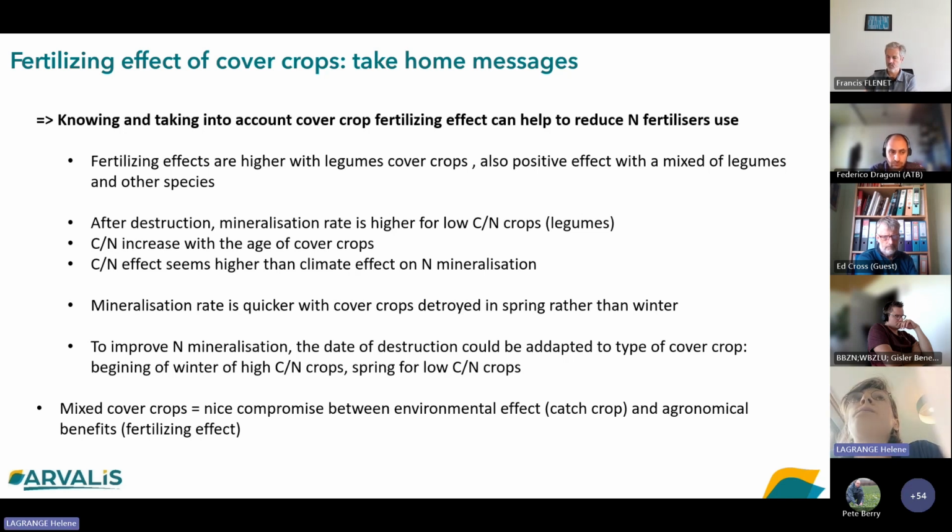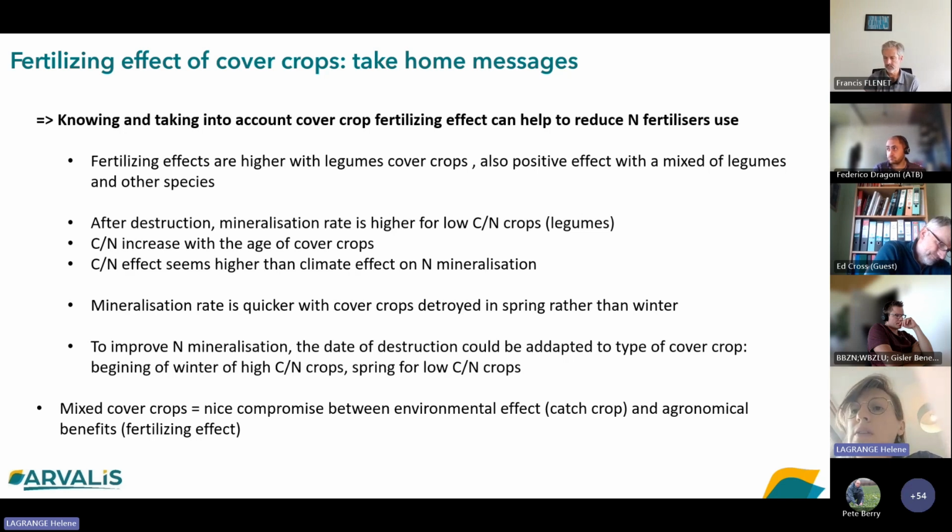And so the last one is that we think that the mixed cover crops are the nicest compromise between environmental effects, because behind cover crops, we also say catch crops. The aim is to catch nitrogen during the winter to avoid nitrogen leaching.